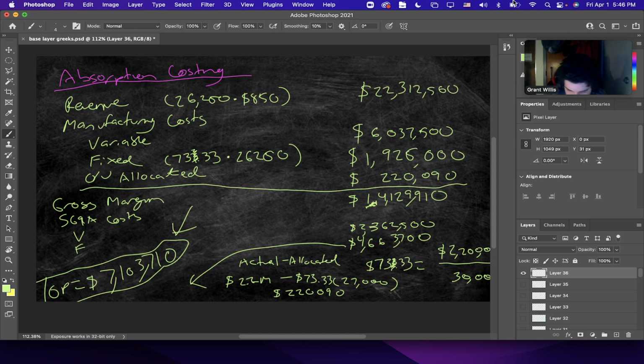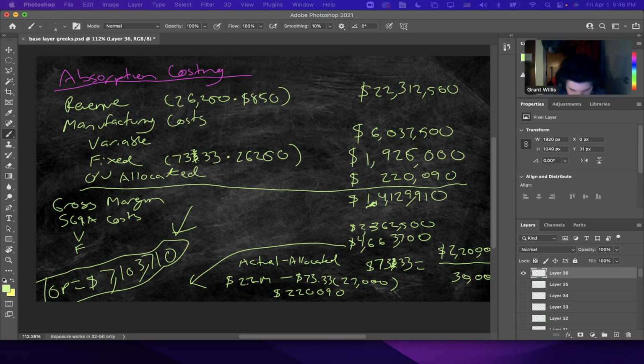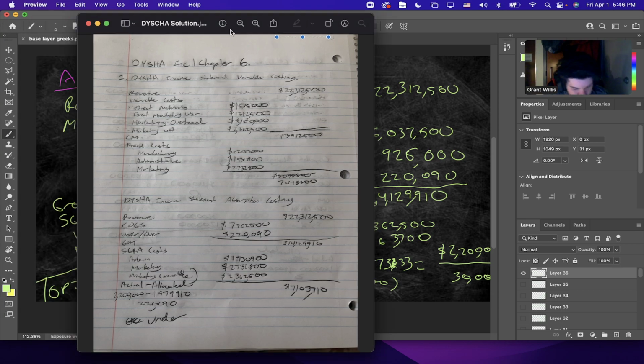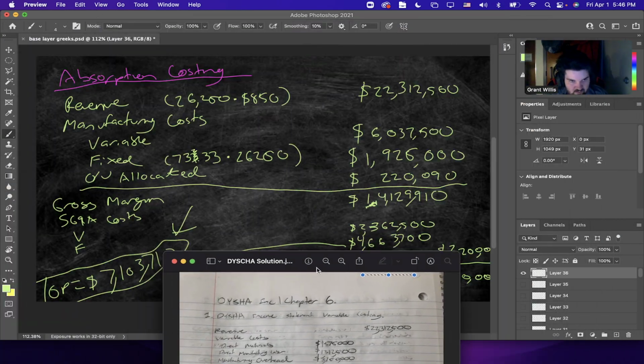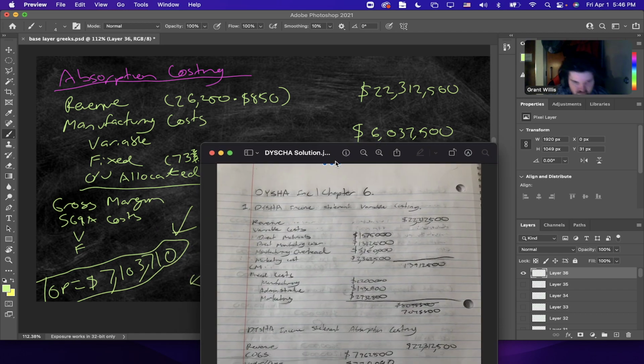Okay. So the fixed SG&A cost is 4,663,700. The fixed cost. Yeah. Yep. Okay.